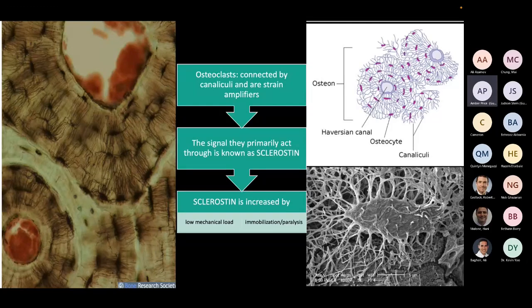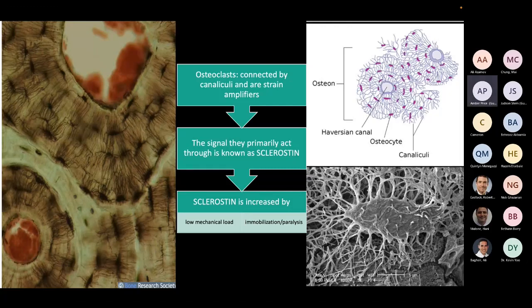Now, how does that work on a cellular level? This is all mediated by osteoclasts. So these are connected by canaliculi and are strain amplifiers. And the way they kind of talk to each other is through a mediator known as sclerostin.